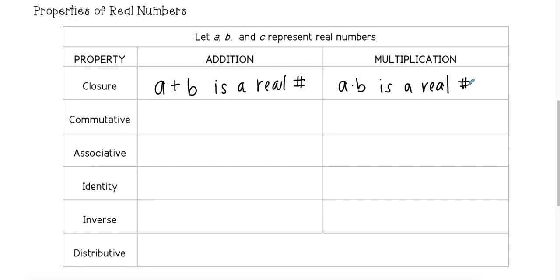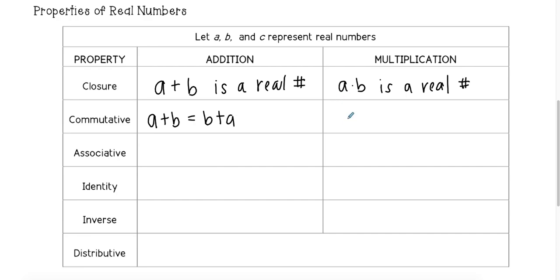Okay, commutative. So the way I remember commutative is commuting. When you commute to work, commute to school, whatever you commute to, you're moving. So that's how I remember this. Commutative, I'm moving. So commutative says A plus B is equal to B plus A. They moved positions.